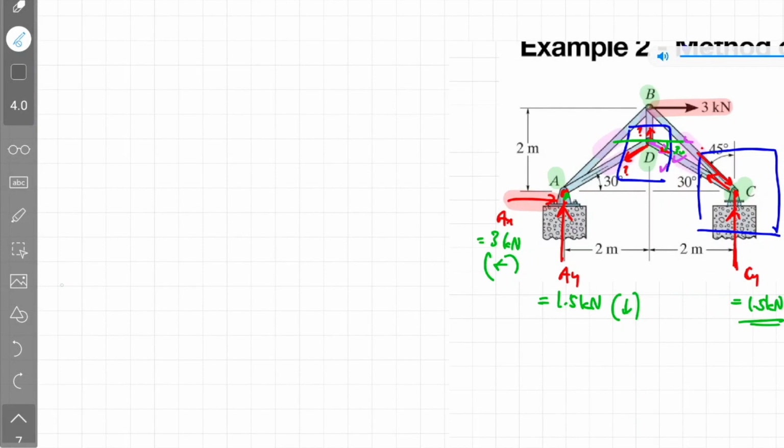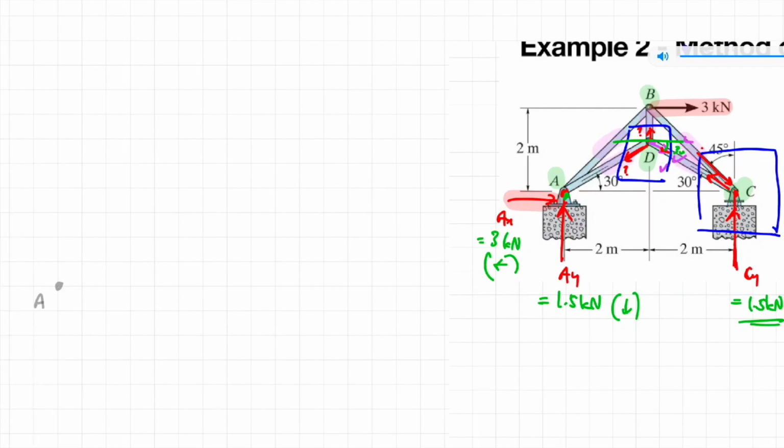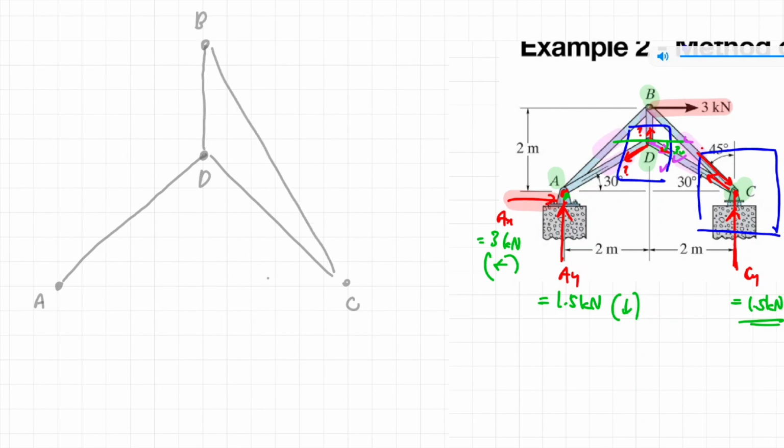Okay, the next thing you can do is refine the drawing of all the forces acting on the truss structure. So that's joint A connecting to joint D, and then joint D connecting to joint C. Joint D is connected to joint B, and then B is connected to C, and also it is connected to A. Okay, the sketching of the truss structure is complete.